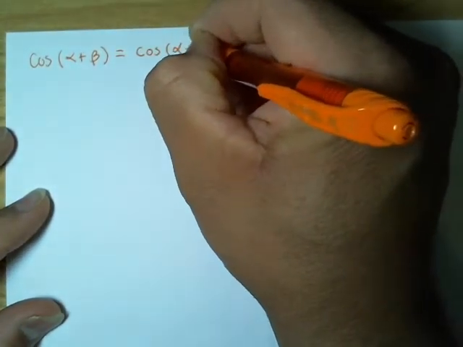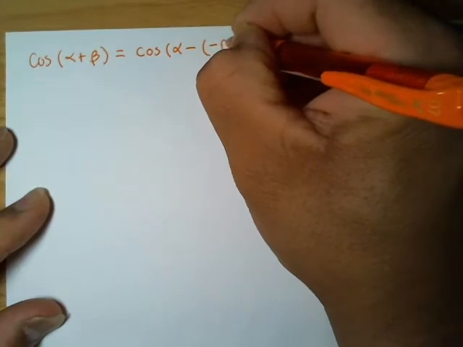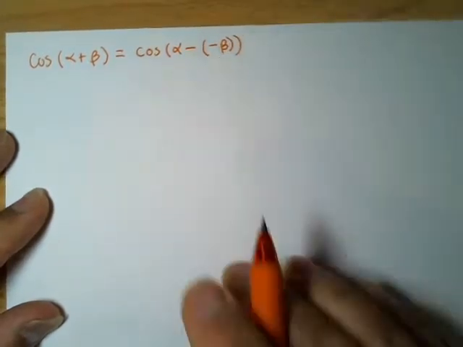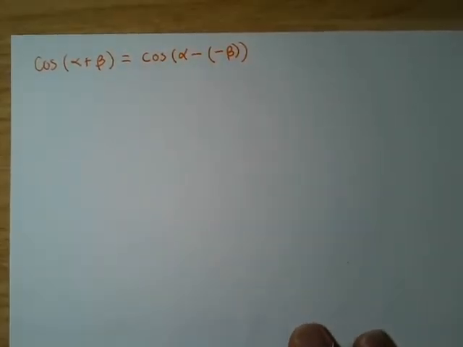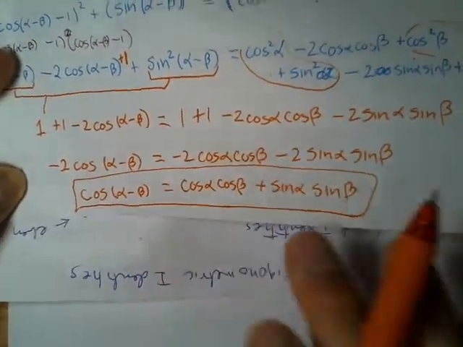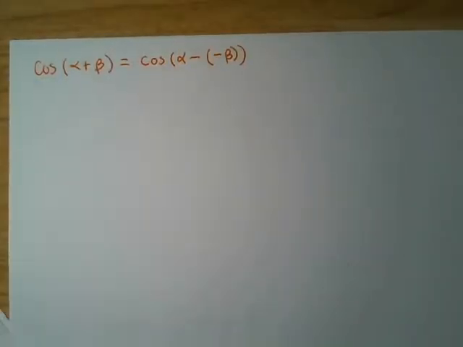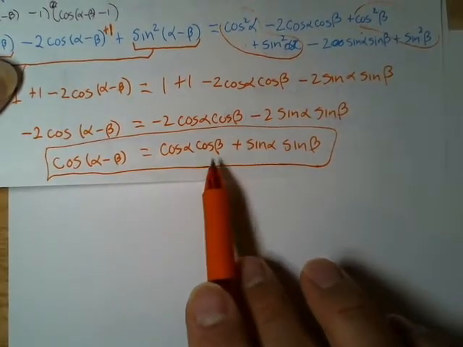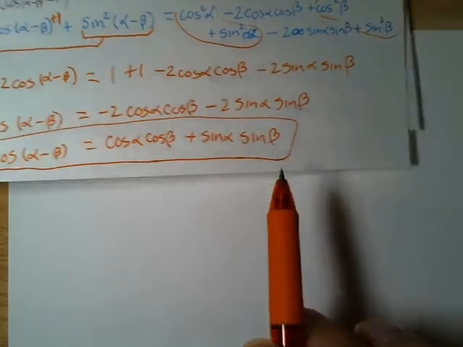What if I rewrite this as that? Now, why would I want to do that? Well, because I know a formula for the difference. The difference we just saw is this. Okay, so let me apply that formula here.